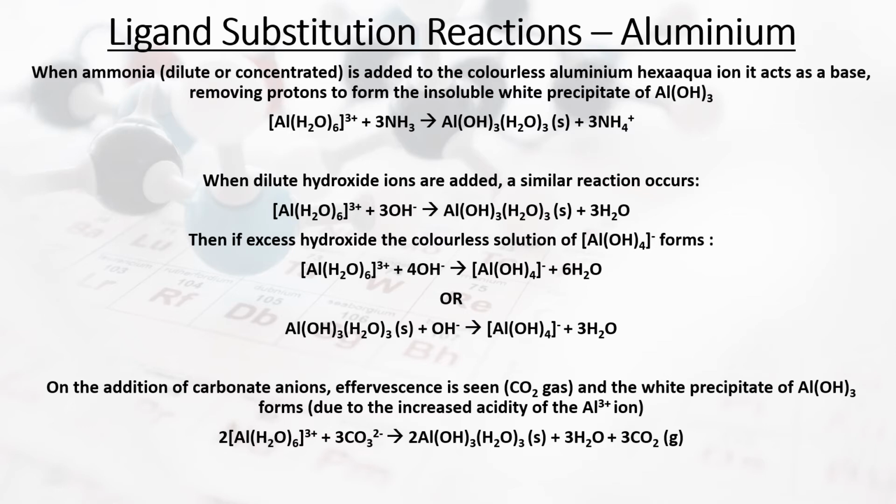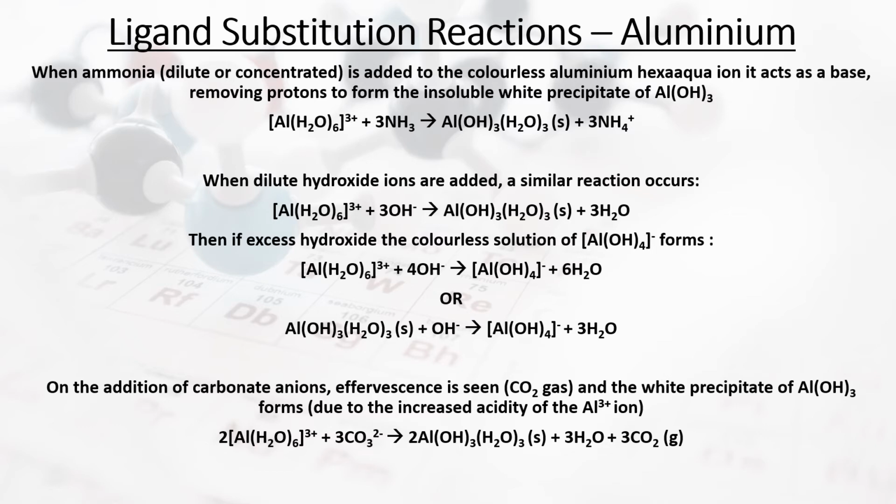And again, the ammonia acts as a base, removes the protons from the coordinated water molecules, and forms our insoluble white precipitate of aluminium hydroxide, Al(OH)3, or more technically, Al(OH)3(H2O)3. So that neutral complex, our solid, our precipitate of the hydroxide, and the key thing is, again, it's not a transition metal, so it doesn't show colour very readily, and so we have a colourless solution becoming a white precipitate.